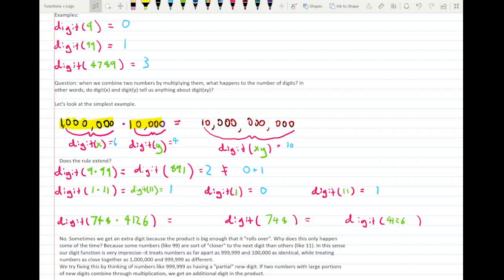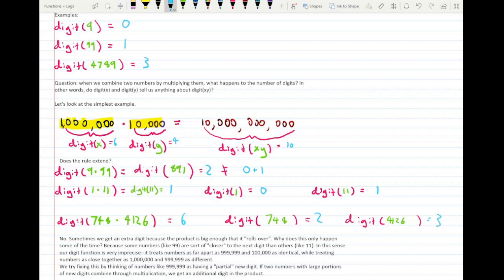Moving on to a bigger example, we've got digit of 748 times 4,126, which turns out to be equal to digit of about 3 million, which gives us the answer of 6, because 3 million has 7 digits, so we subtract 1, get 6. Meanwhile, digit of 748 is 2, and digit of 4126 is 3.